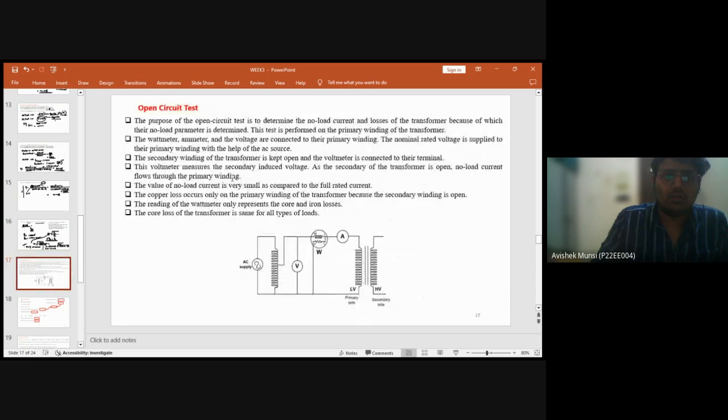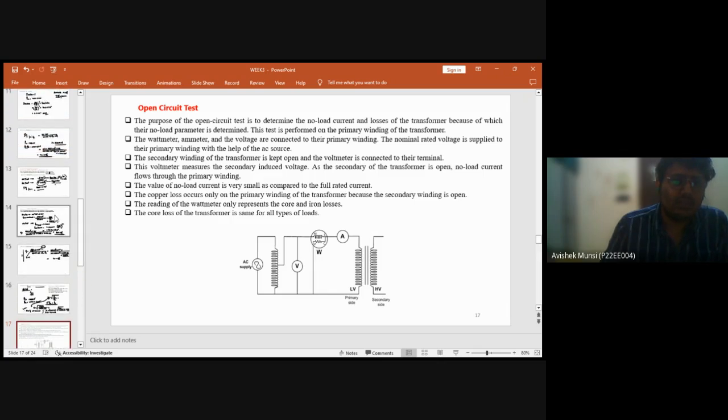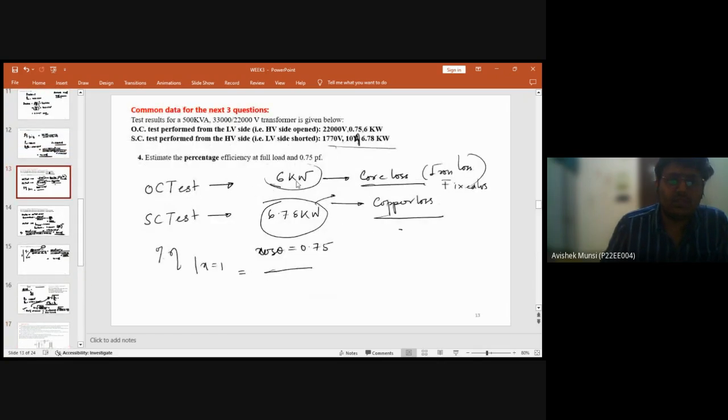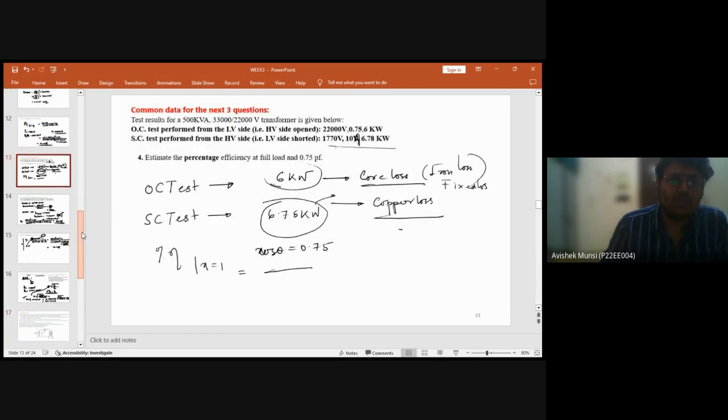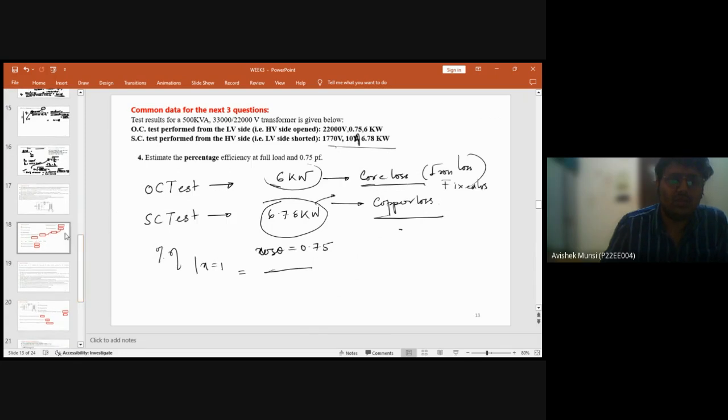So as I said, we have two tests. One is the open circuit test, which is basically done to get the iron loss. As in the last problem, you see that the open circuit test is done to calculate the iron loss and the short circuit test for copper loss.